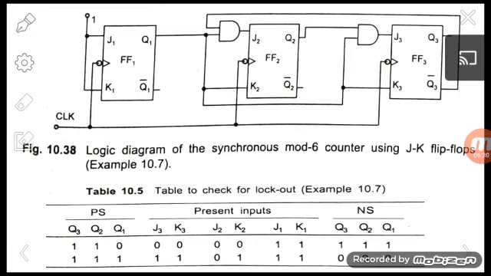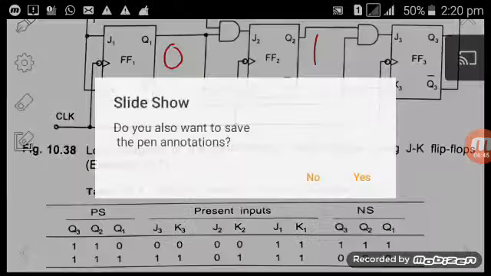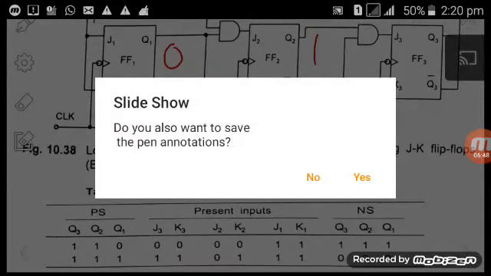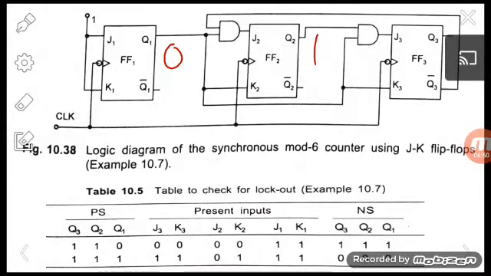We know that here Q1 is 0, Q2 is 1, and Q3 is 1. At the present condition we have to find the present inputs at all these flip-flops.